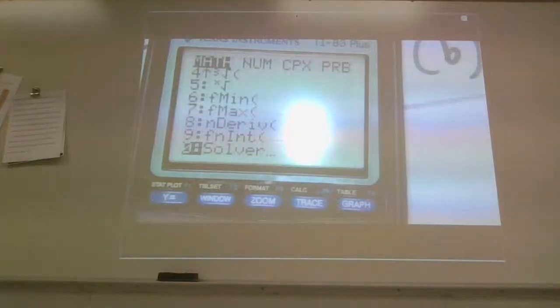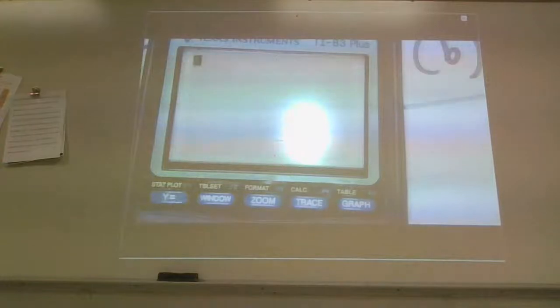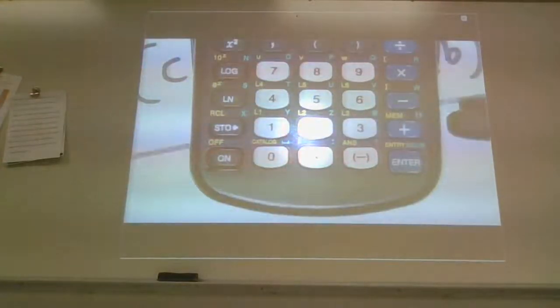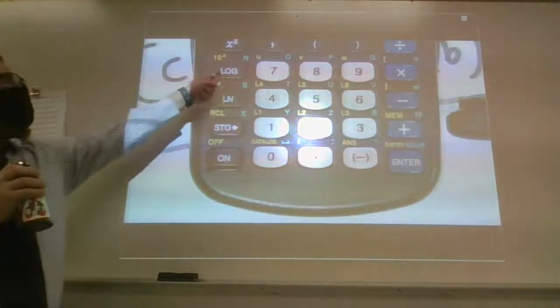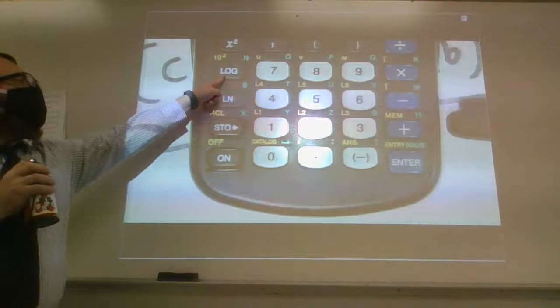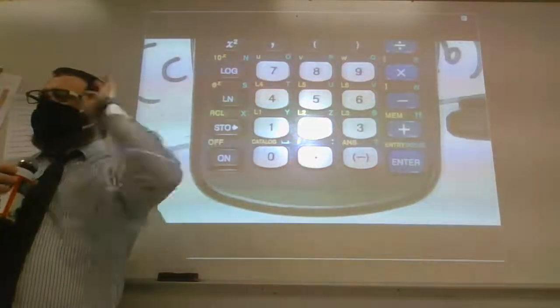There's nothing there. But you do have a dedicated log button on the calculator right here. It's right there. Hey, look, logarithm, cool. Here's the problem.